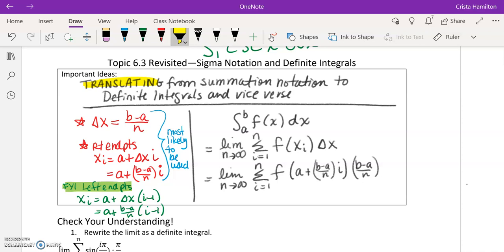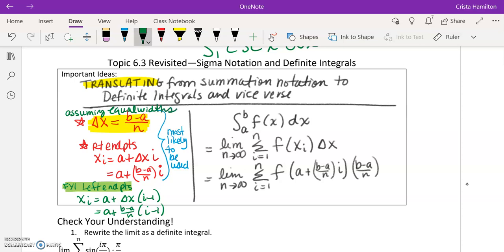Now, the main thing to remember as you're translating is that there are these formulas that you basically have to memorize, assuming equal widths.